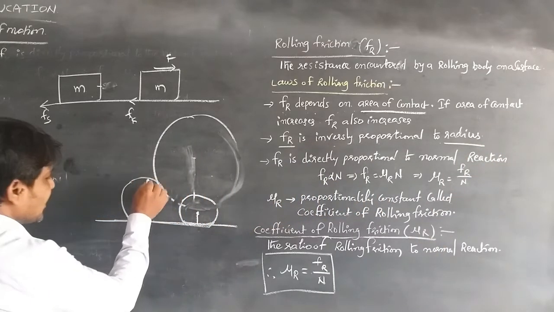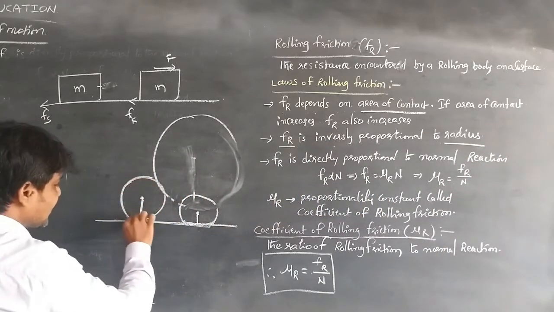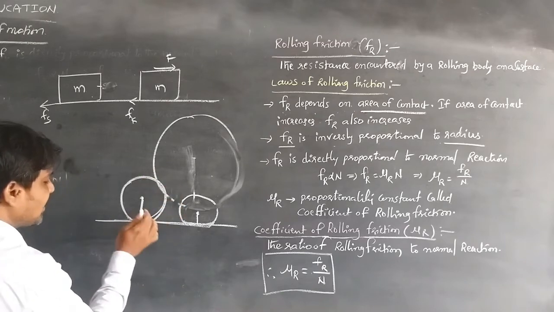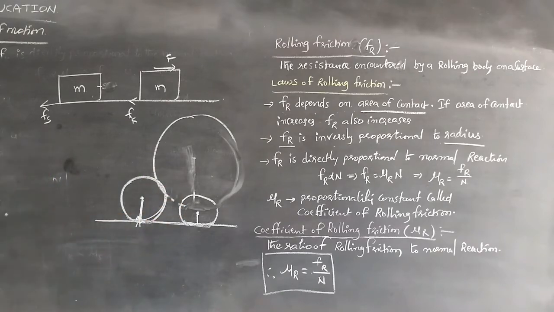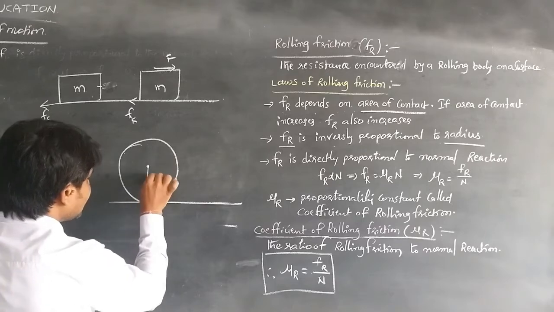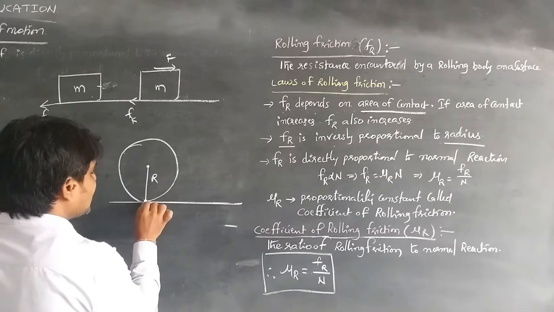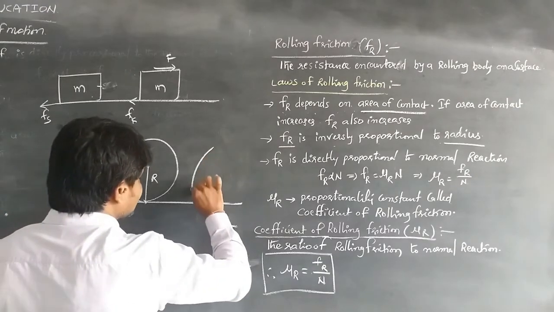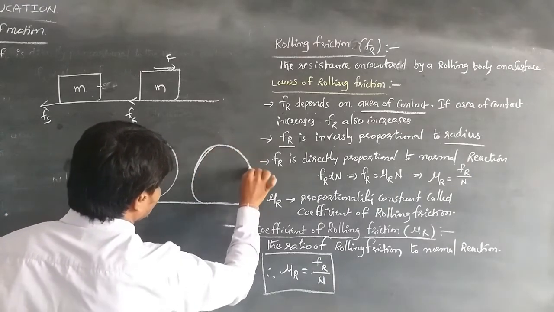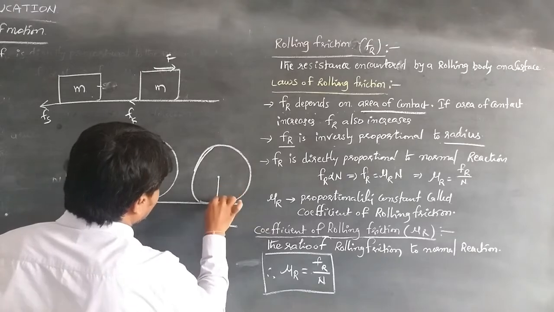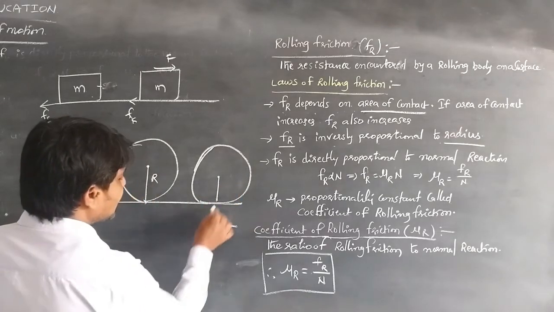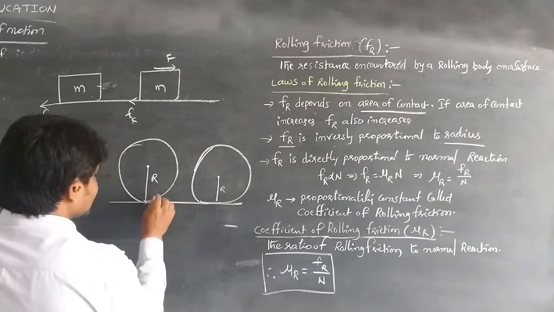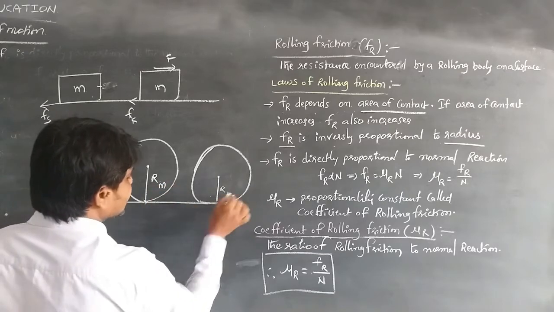Once again, if the tire is like this, if the body is like this, the area of contact is less when the radius is more. If the area of contact is more, the radius is less. Here this radius is more and this radius is less.